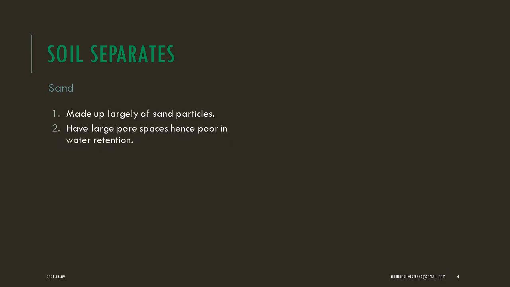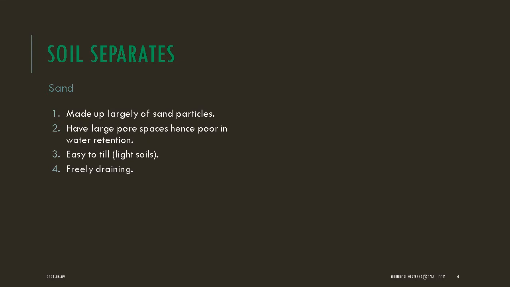So what are the characteristics of sand? One is that they are made up largely of sand particle size. They have large pore spaces because of the large diameter of the sand particle size, and because of that, they end up having poor water retention. They are easy to till because of the pore spaces in between the particles.